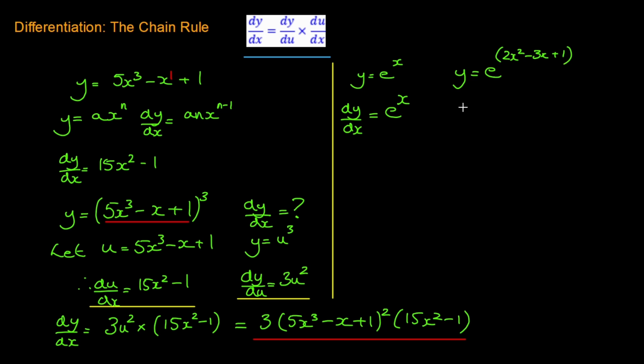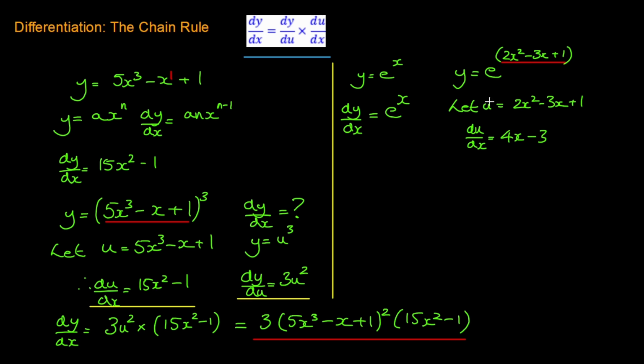But again, we can do this by the chain rule. Effectively, this is our inner function. So I can say straight away, let u equal 2x squared minus 3x plus 1. du/dx, by the first principles method that we've worked out, 2 comes down. We get 4x minus 3.